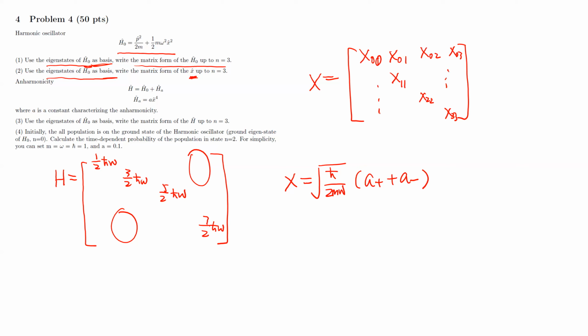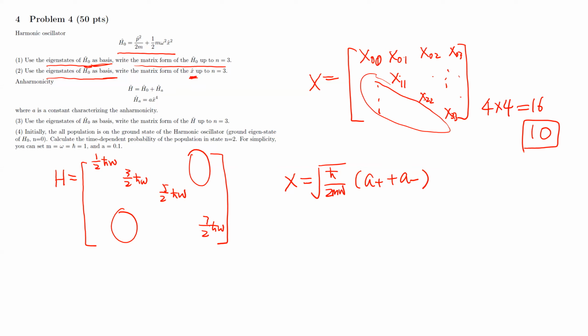You have a 4 by 4 matrix with 16 matrix elements, but you can reduce the count, because the lower part is the complex conjugate of the top part. So maybe we do not need to evaluate this part. We only need to count 1, 2, 3, 4, 5, 6, 7, 8, 9, 10. We only need to evaluate 10 matrix elements.